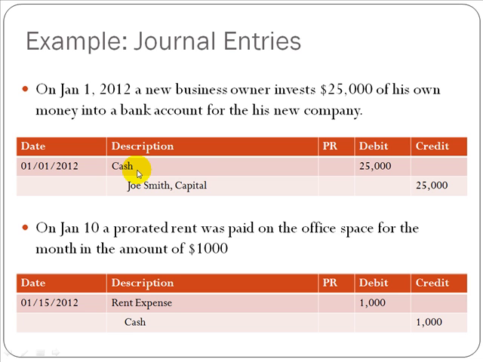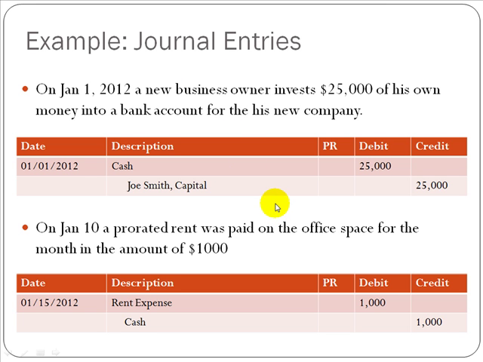We debit what the company got, and in this case, the company got cash of $25,000. Why or how did this transaction happen? The why is the owner made the investment, so we apply it to the capital account, and we credit it. Debit cash, credit the capital account. This entry is now journalized.